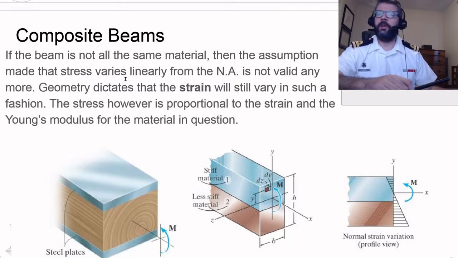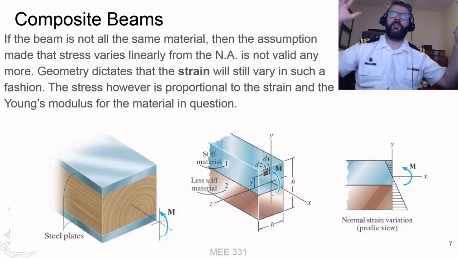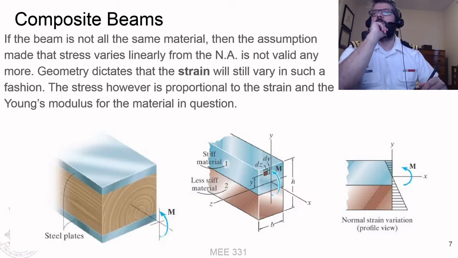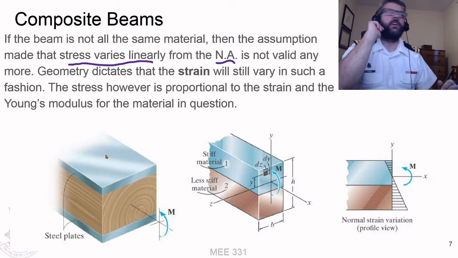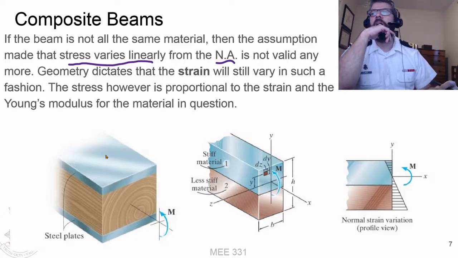The next part to talk about is composite beams. Previously we've been working upon the assumption that the beams we're looking at are all made of the same material. If that is not the case, then the assumption that our stress varies linearly from the neutral axis is not valid anymore. However, our geometry dictates that the strain still varies in such a fashion.